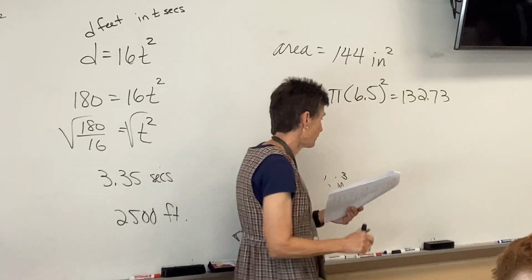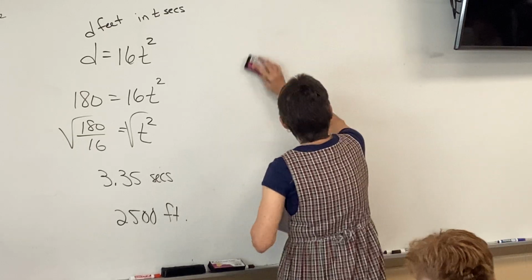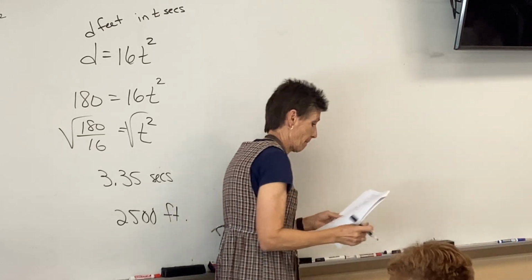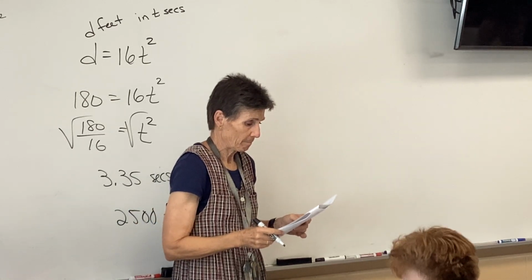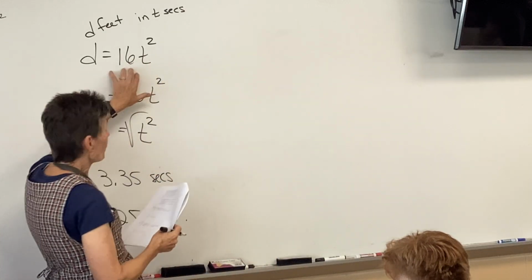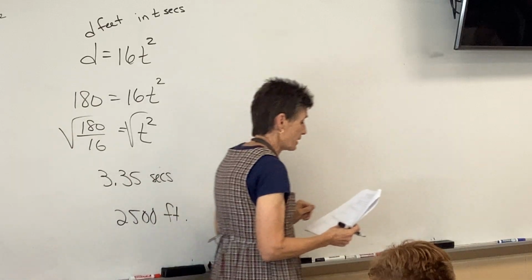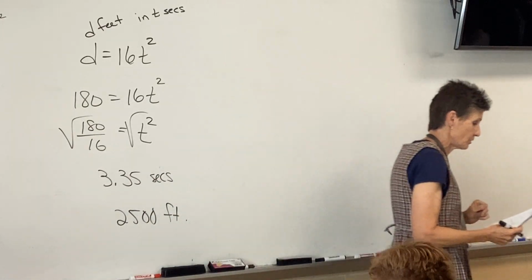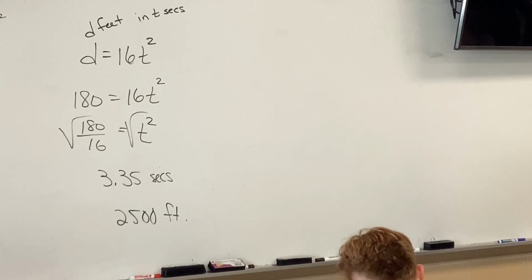All right, number 23, we'll see who was paying attention a minute ago. Find an algebraic model, that would be an equation like this, that's an algebraic model. We did a physics experiment.